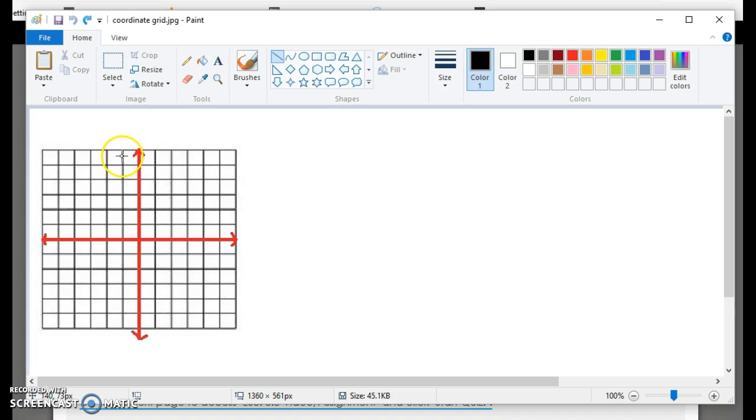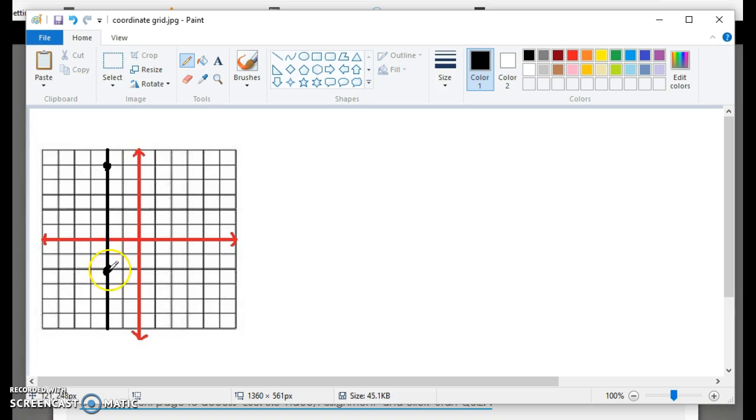And finally, we have number 6, which is a vertical line. It looks something like this. So vertical lines are kind of different. Let's go ahead and analyze it by picking 2 points. And again, I can pick any 2 I want. So I'm going to pick this one and this one.